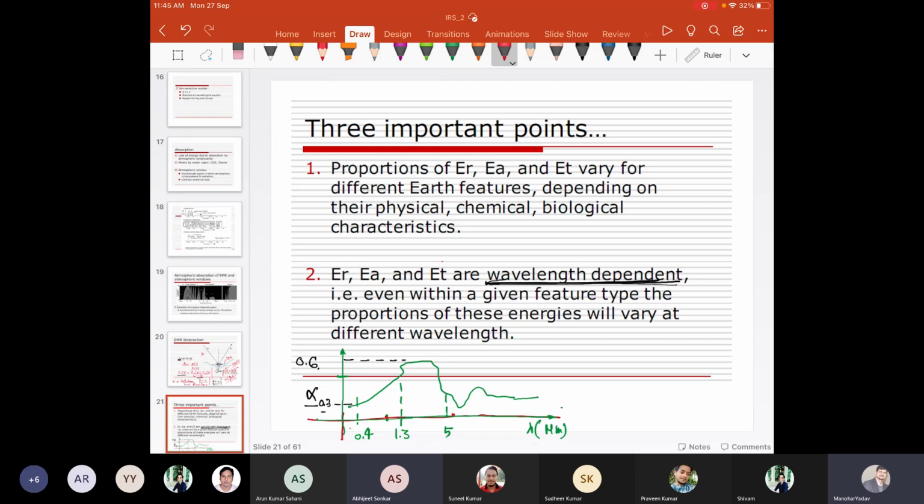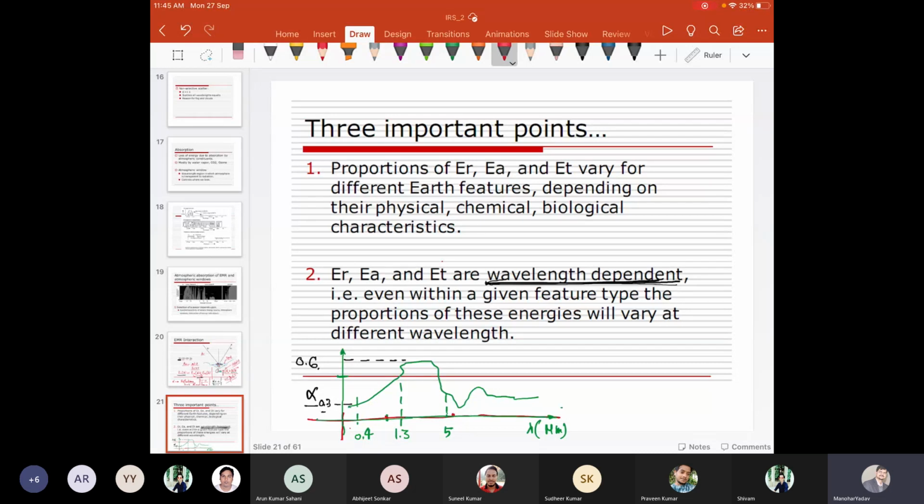Yes, when we consider the entire globe, the objects which are present in majority are water. If we consider the landscape, then we have green vegetation, soil, snow, and sand. When we consider concrete, like building rooftops, then we have concrete. When we consider the road, then we have bitumen.